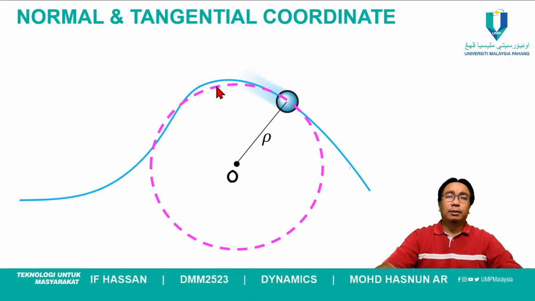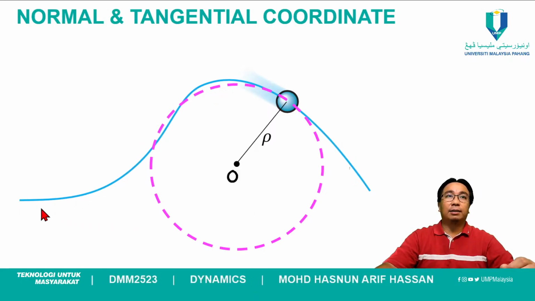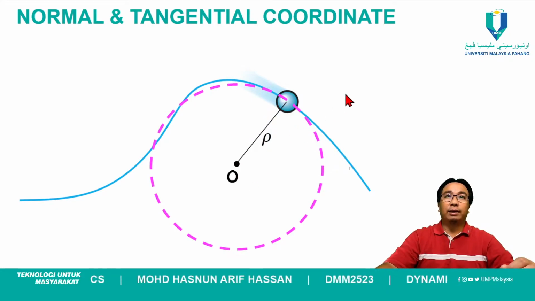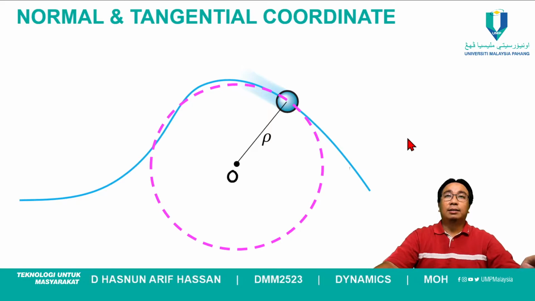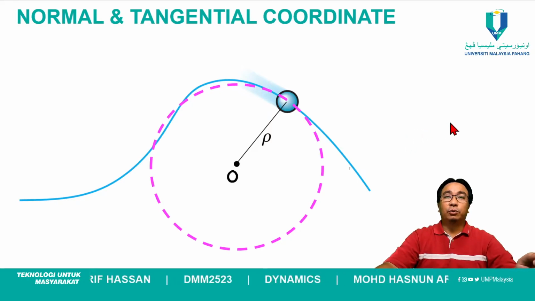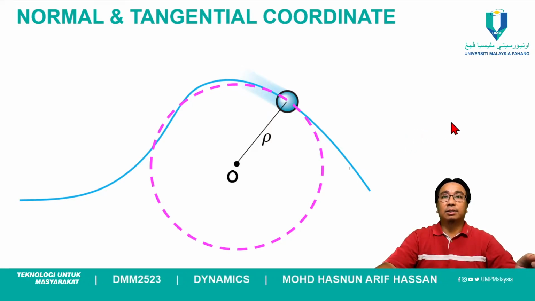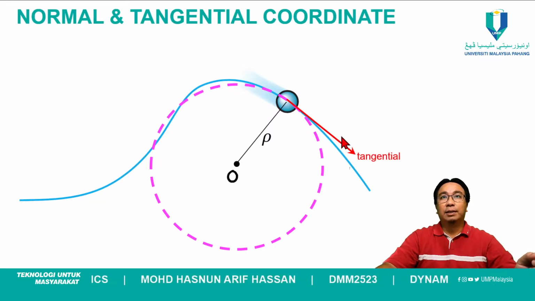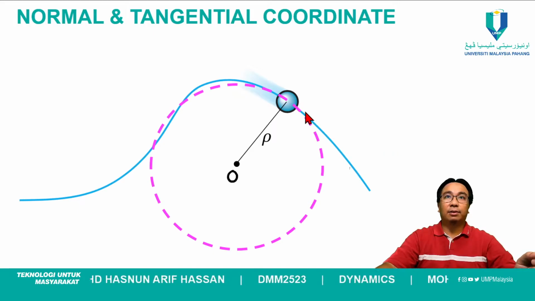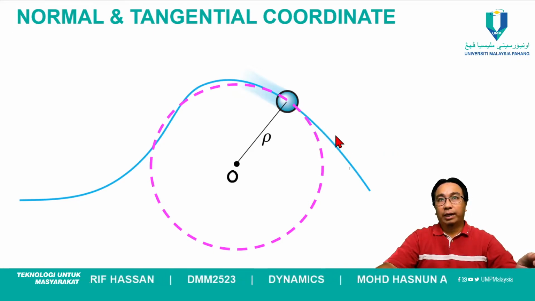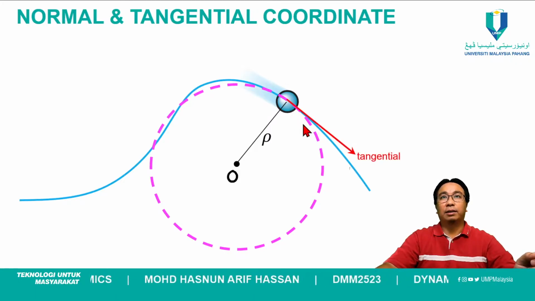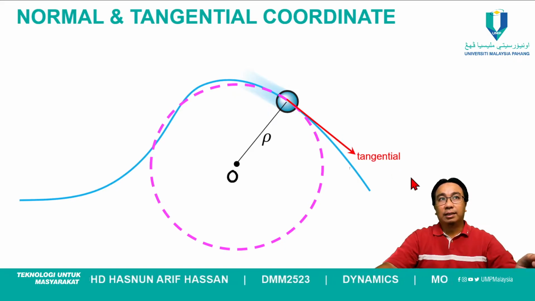If you remember, if the motion of a particle is in a curvilinear motion like this, then we can define the coordinate system using normal and tangential coordinate. The tangential coordinate will always be tangent to the path. If you look at the path here, the tangent at this current position of the particle will be pointing in this direction.